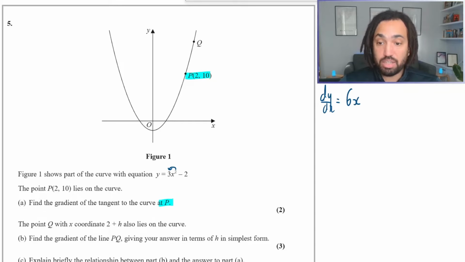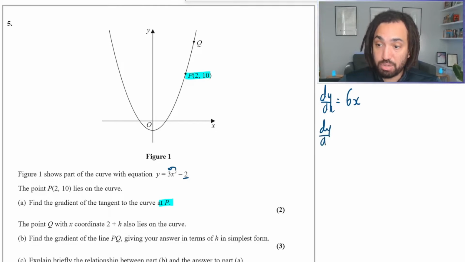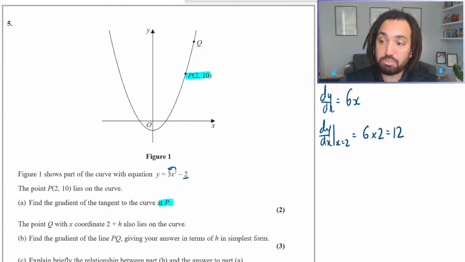Finally, the constant term will differentiate to 0. All constants differentiate to 0. Okay, so that is the gradient function, but I'm interested to find the gradient at the particular point where x equals 2. So that will be 6 times 2, which is 12. And that will be the gradient of the tangent at that particular point.